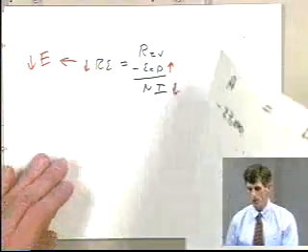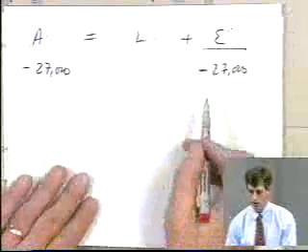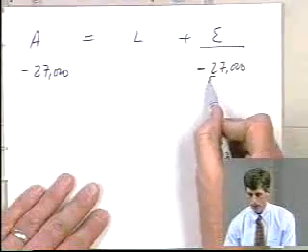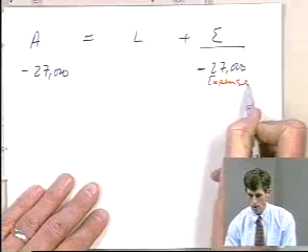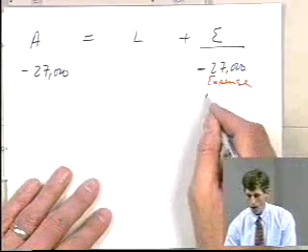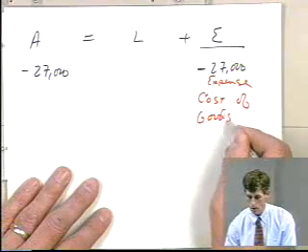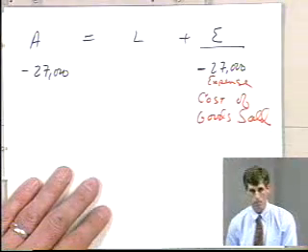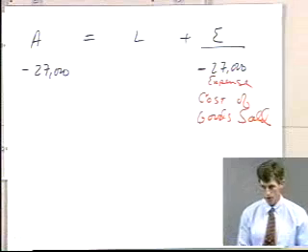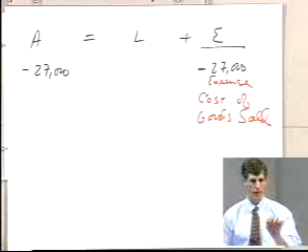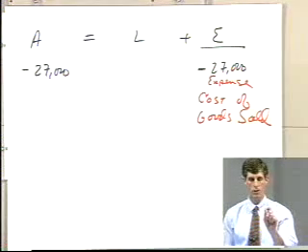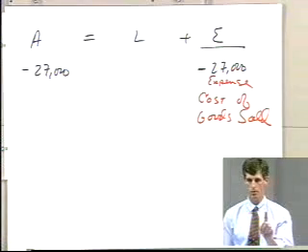Now, what are we doing in this example? We're recognizing an expense, and that expense is called cost of goods sold. Now remember, the two questions we're trying to answer every time we do this. The first is, what type of an account is it?